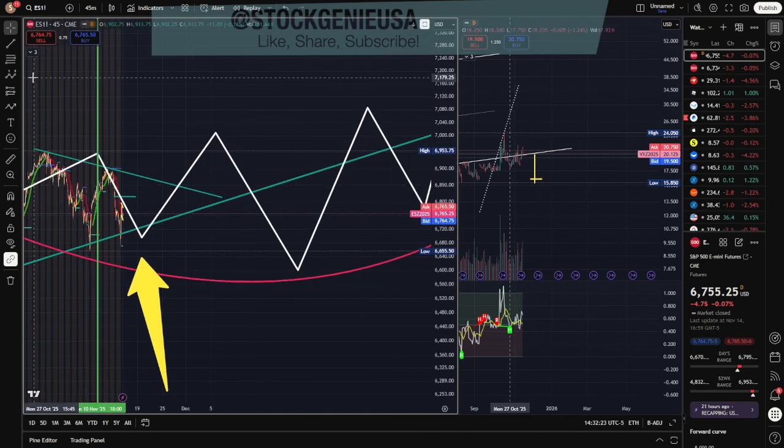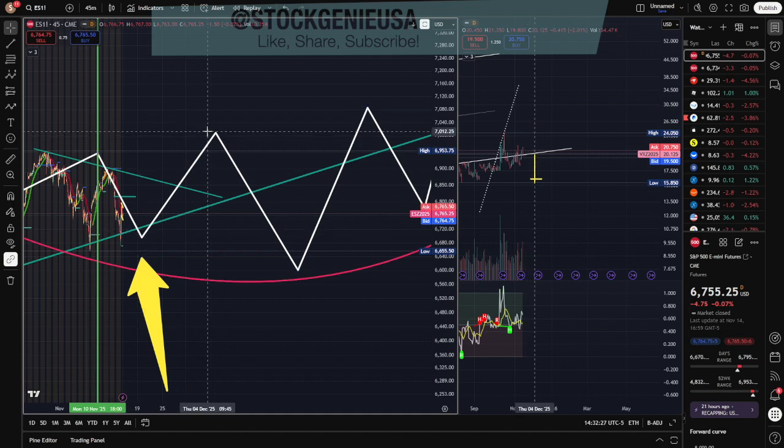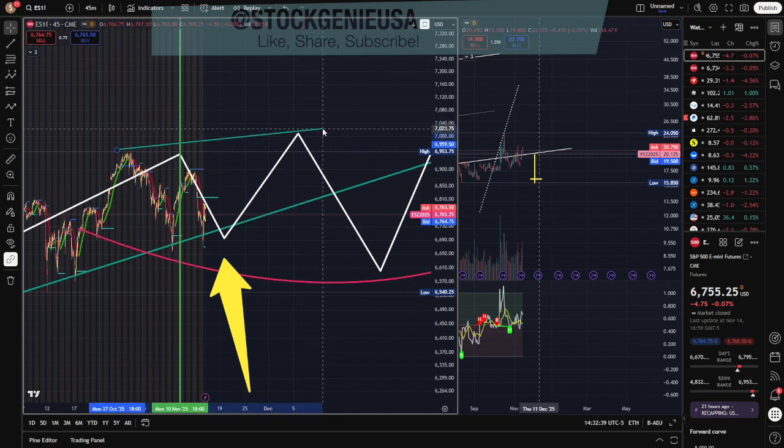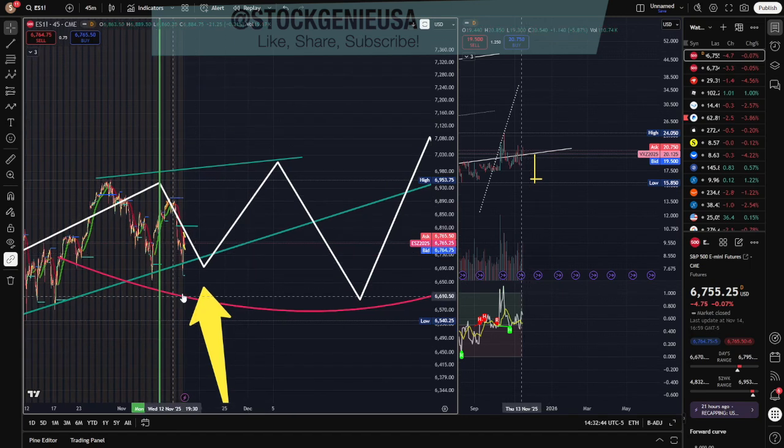So what I would anticipate is exactly what we have here. We have price moving back up until December 4th, looking to make a new high. It could be a slightly new high, could be a higher high. We're not sure yet. Anticipated is this level right here, 7,000. Let's say around there.